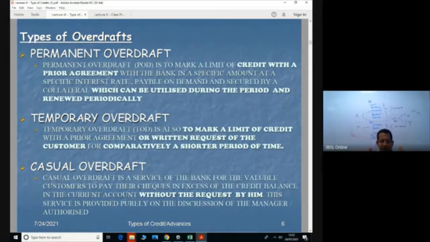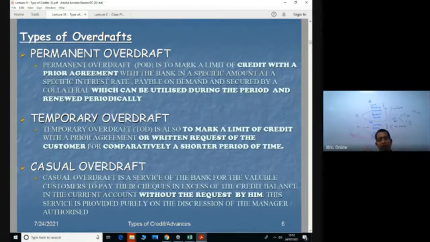Temporary overdraft is a short-term facility, maybe 2 weeks, 1 month, 3 months maximum. Normally, temporary overdrafts are on a clean basis, but with a request from the customer.